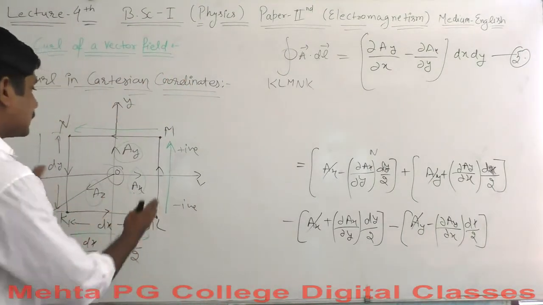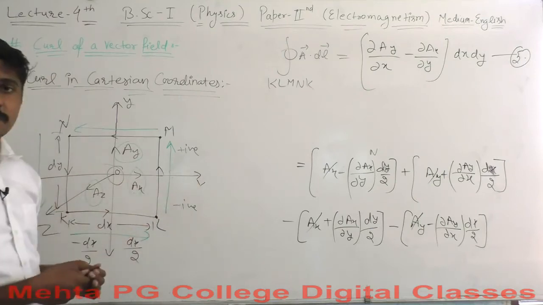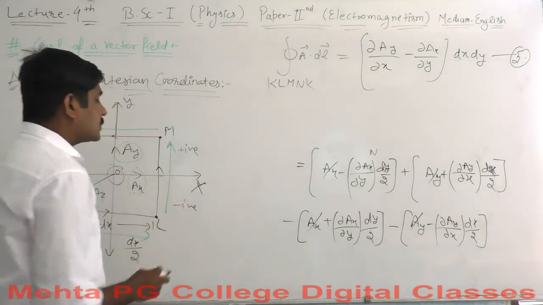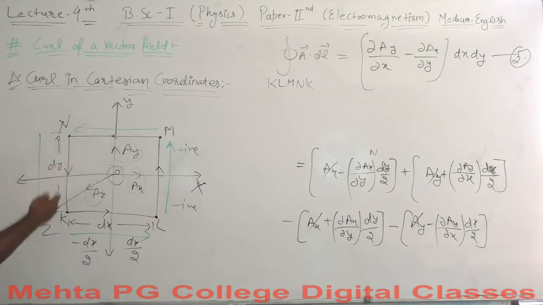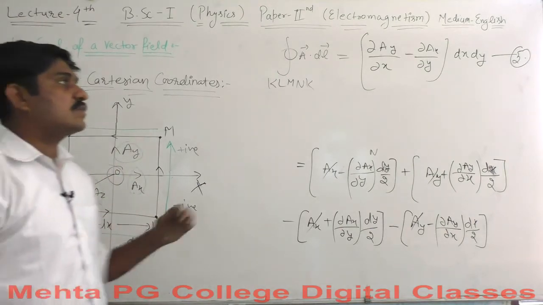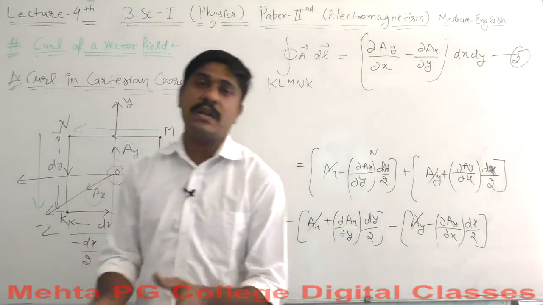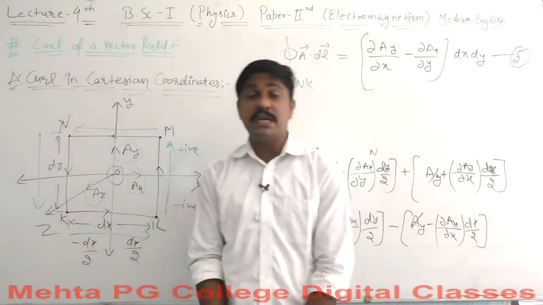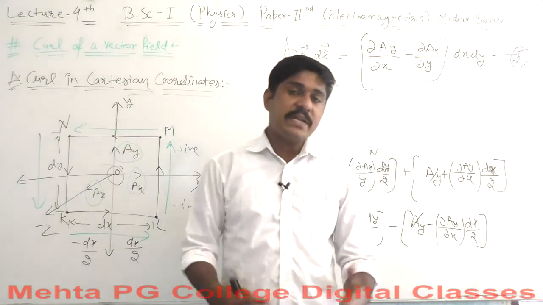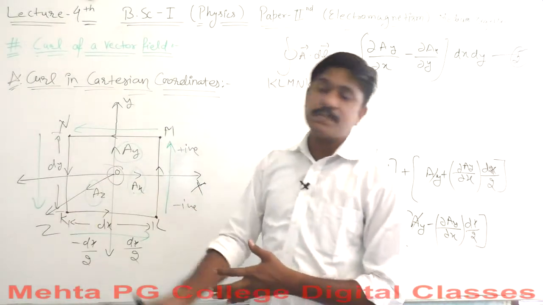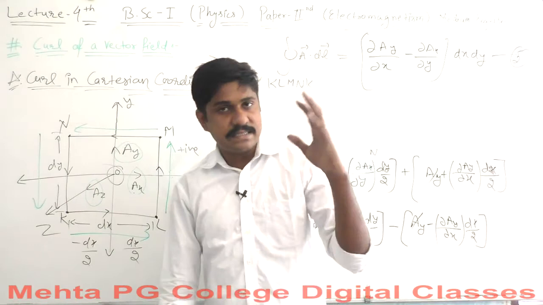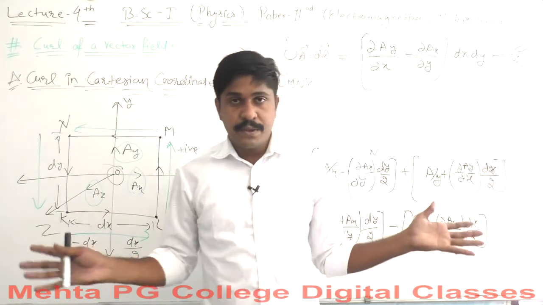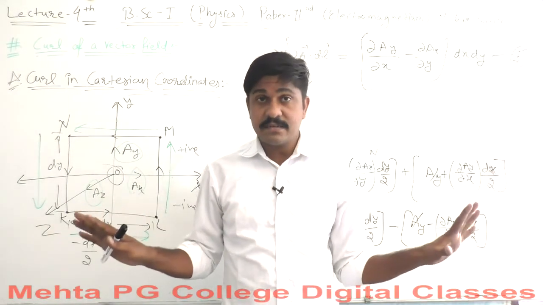If you consider this in the xy plane, okay, the rotation was in the xy plane, the direction was k, l, m, n. The direction vector was in the xy plane, so the direction of curl, so the direction of rotation must be in the direction perpendicular to this plane, and the direction which is perpendicular to this plane is the z direction. Do you consider it?